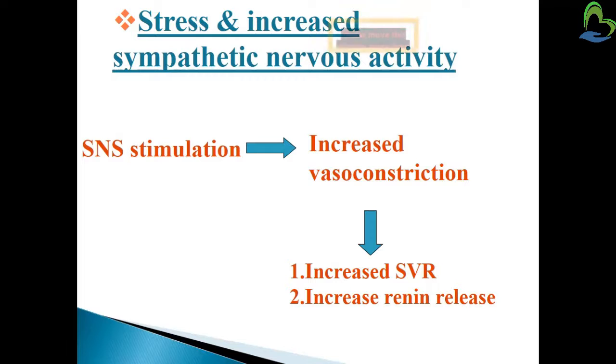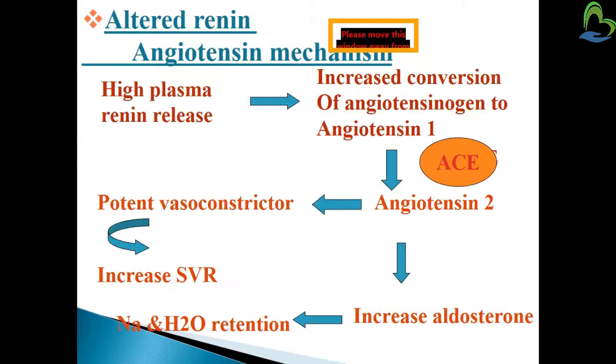And if it is still not able to cope up, renin enzyme release will increase in the body to manage that and cope up with the situation. Let's have a look at how the altered renin-angiotensin mechanism works. As the renin increases in the plasma, high plasma renin will be released, and that will lead toward angiotensin, converting angiotensin 1 to angiotensin 2, and angiotensin 2 conversion by angiotensin converting enzymes will lead to vasoconstriction.